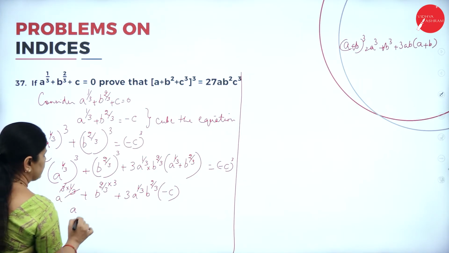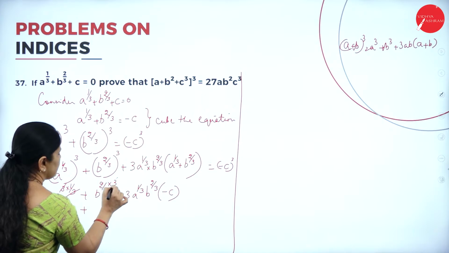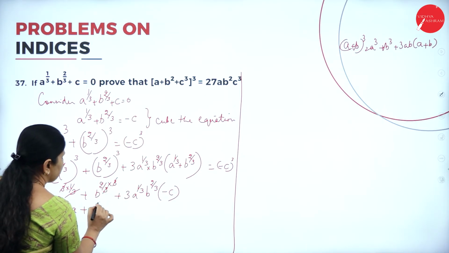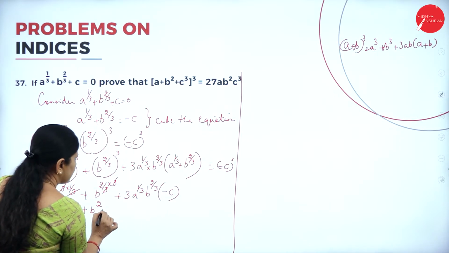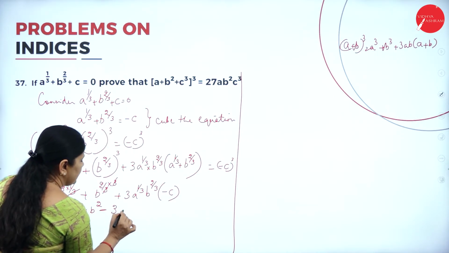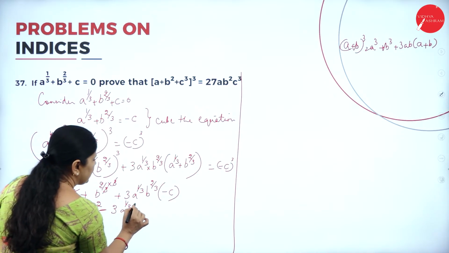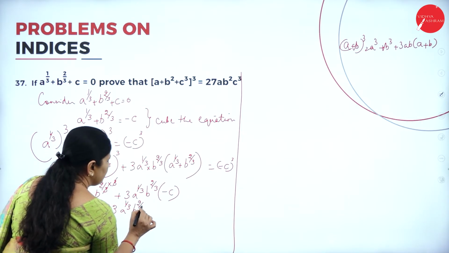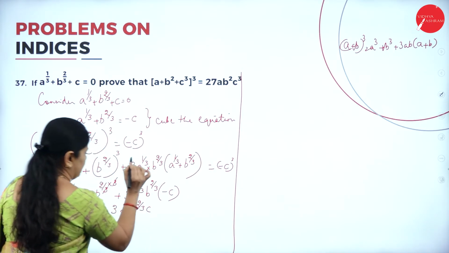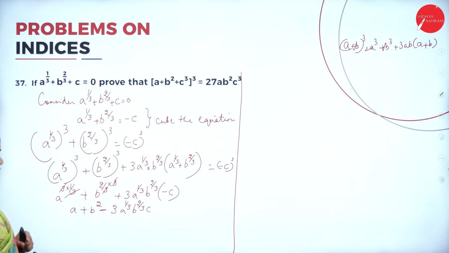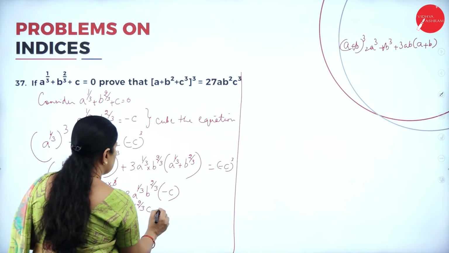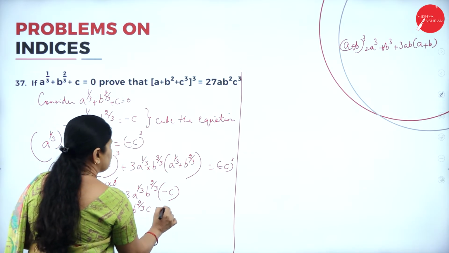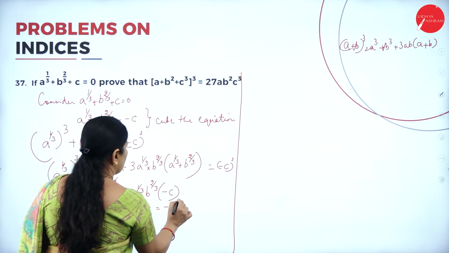I am left with a plus b square. This plus into minus, minus 3 a to the power of 1 by 3 b to the power of 2 by 3 c. So, I am getting this answer. Now, so this is equal to minus c the whole cube.